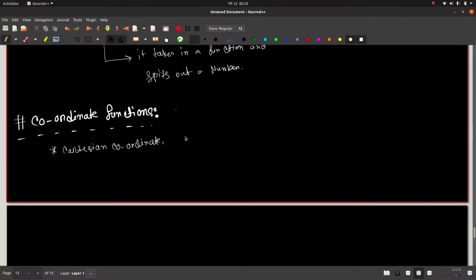That means these Cartesian coordinates are such functions that, if there is some x at a point P, this is a function taking a point from the 3-dimensional manifold R3 and mapping it into a real number. Similarly, y and z can be defined the same way, just like x.